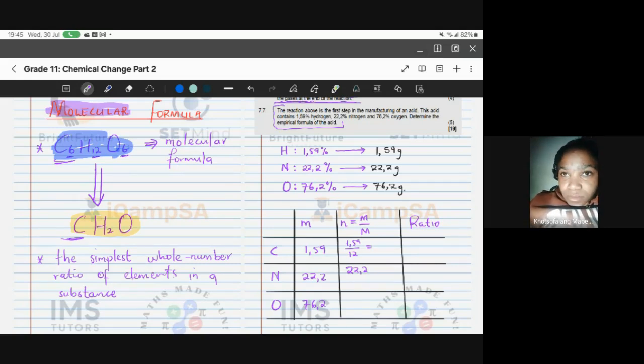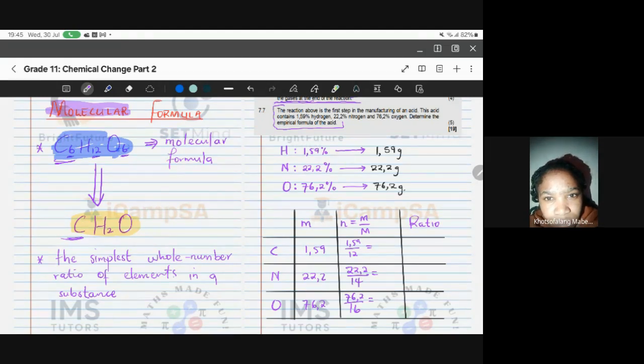Yes, 14. We have over 14. And the molar mass of oxygen is just 16. Then you can write that there.